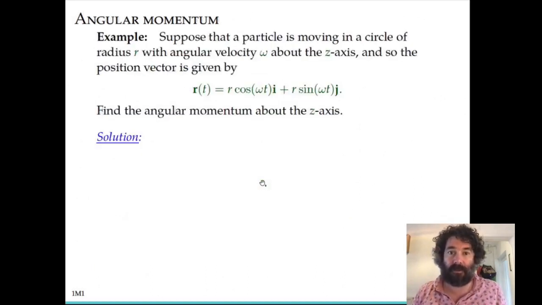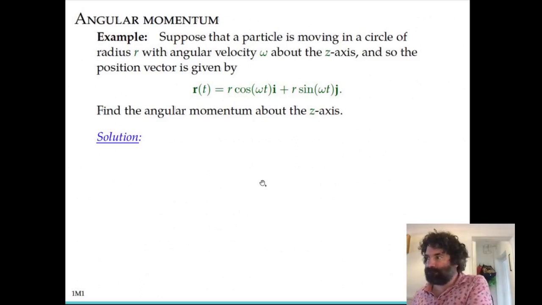All right, so let's look at an example of calculating the angular momentum for a motion. And in this case, the motion is going to be simply a particle of mass m rotating around the z-axis. All right, and so let's go ahead and do that.